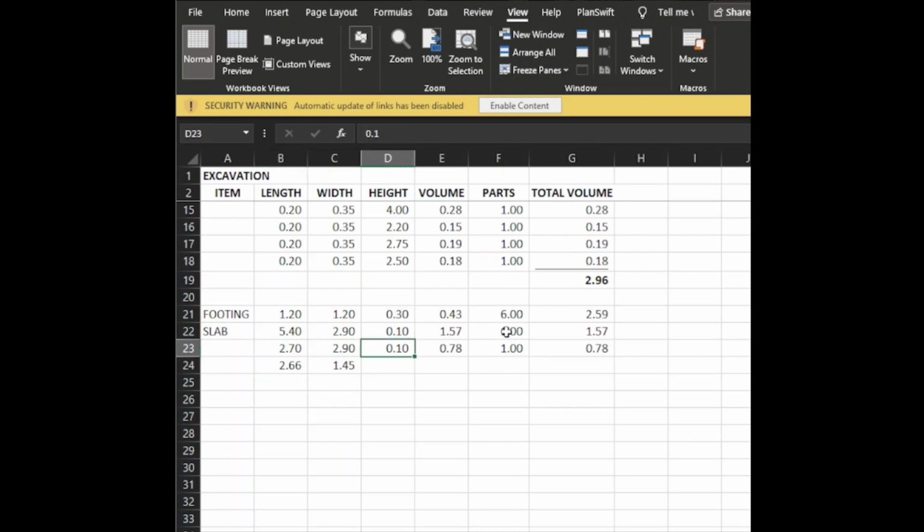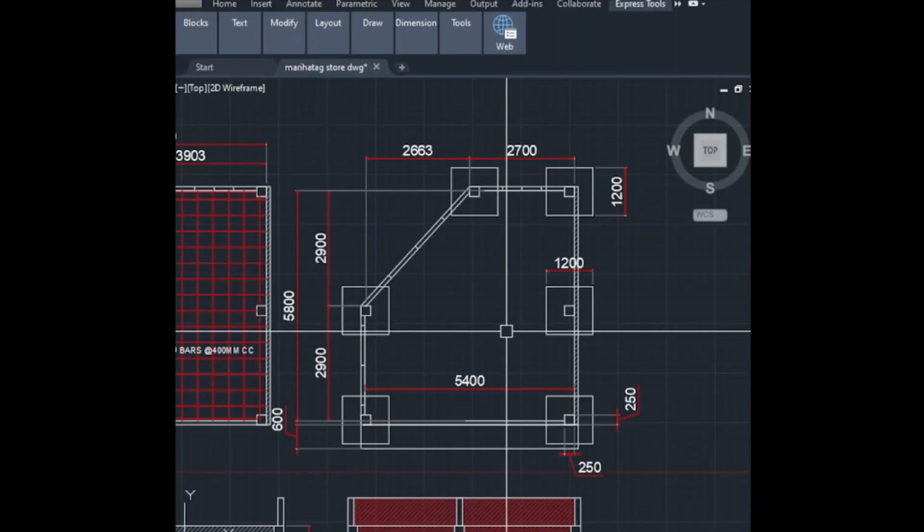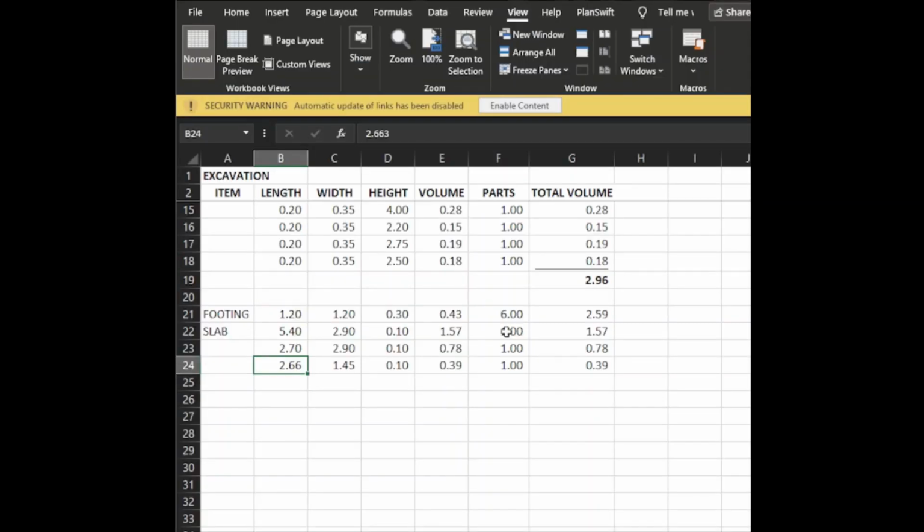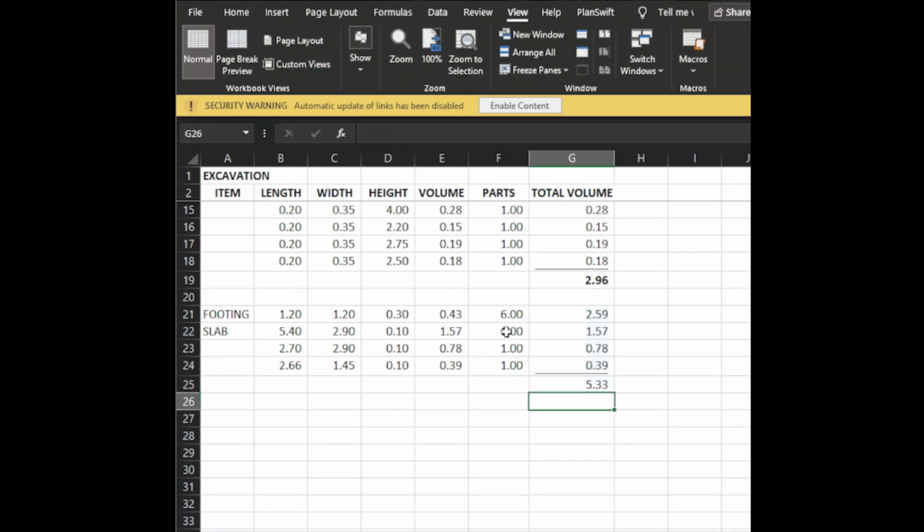As you remember, the area of a triangle is 1/2 times length and width, so I just put the 0.5 here or here, either way it is the same result. So with 0.1 of thickness, the volume is 0.39, one part, then the same 0.39. Okay, so this is the total volume of the footing and the slab.